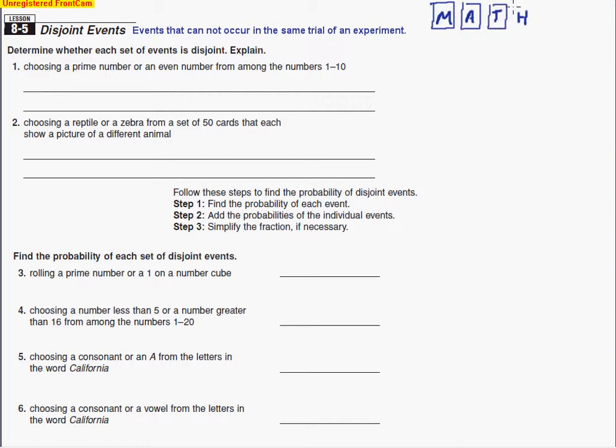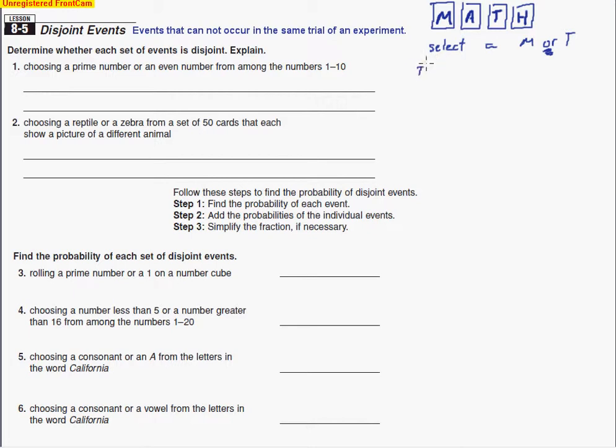I have these different, separate cards, and I shuffle them around. So I shuffled the deck and I select an M or a T. And the key word is "or." Here I have two different events that can occur, M or T. Now, since neither one is the same letter, this is a disjoint event.